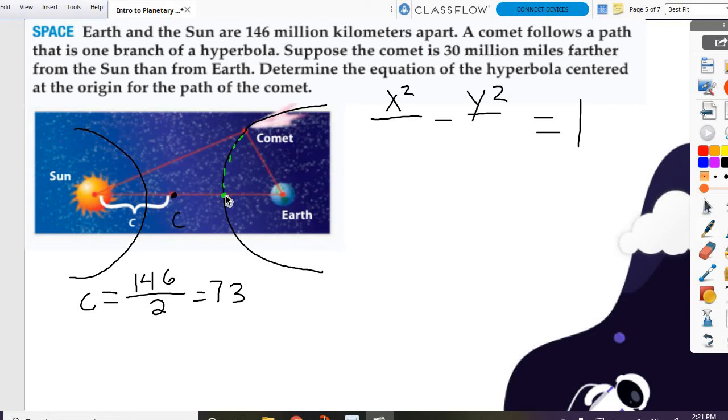What we're going to assume is that the comet reaches the point of my vertex, because then everything lines up really nicely.